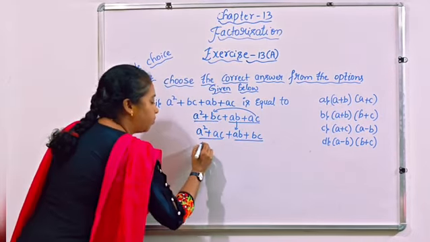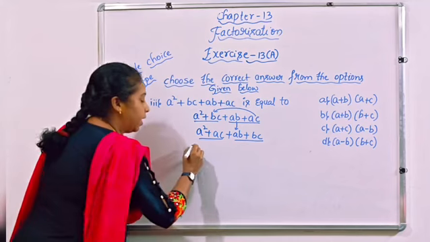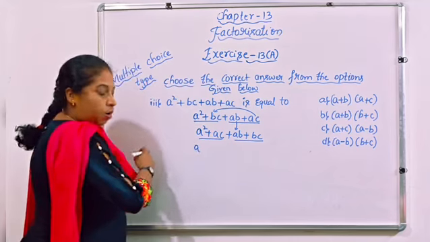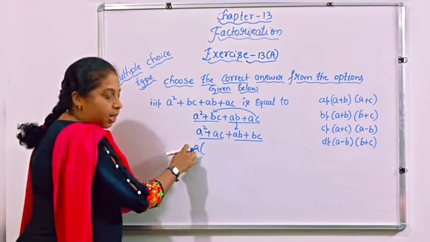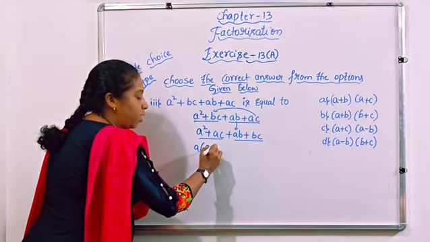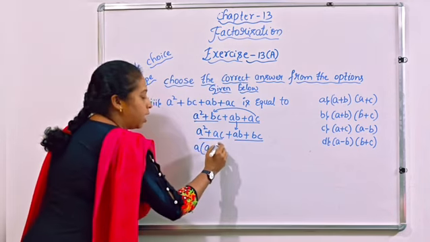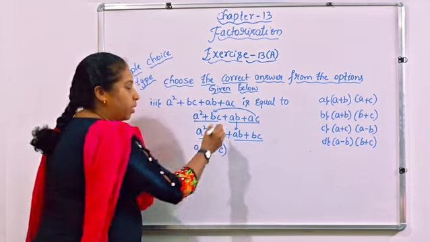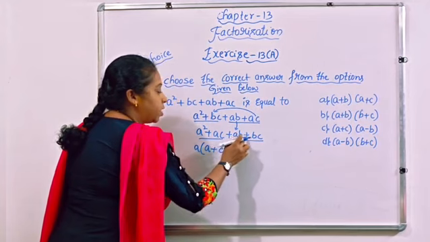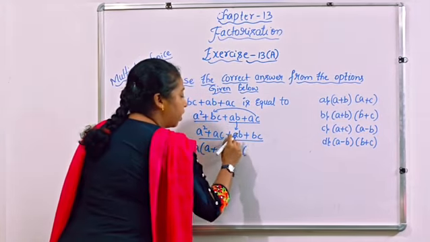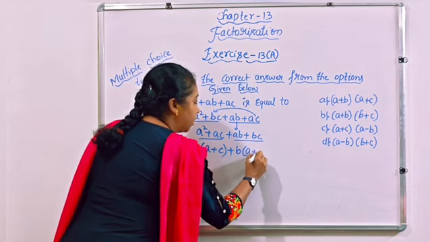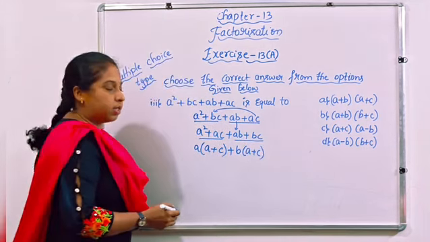Now here, which is the common? A. If I take a common out, then remaining is a, another a left over, plus a I have taken, another c. Then here, which term is common? b. a plus c, a plus c.